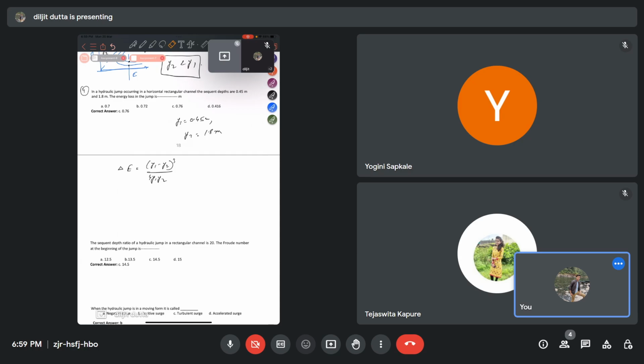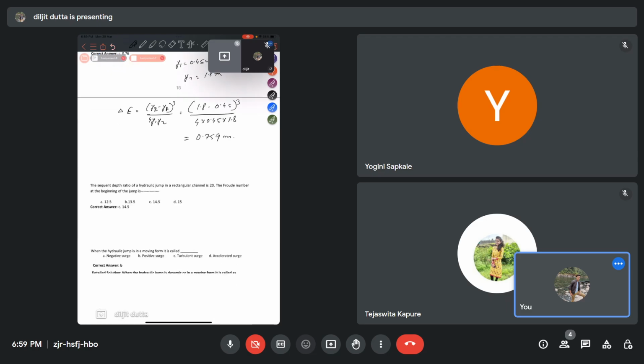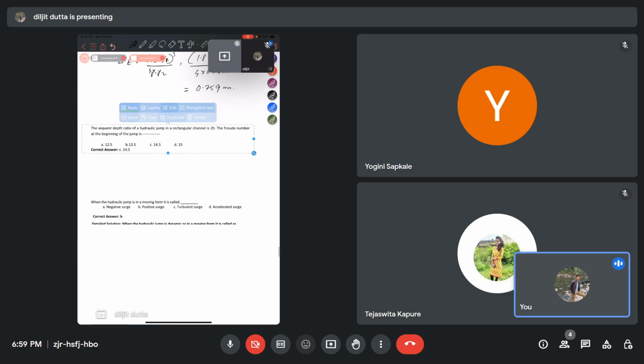Substituting the values, (1.8 minus 0.45) whole cube by 4 into 0.45 into 1.8, this will give 0.759 meter.